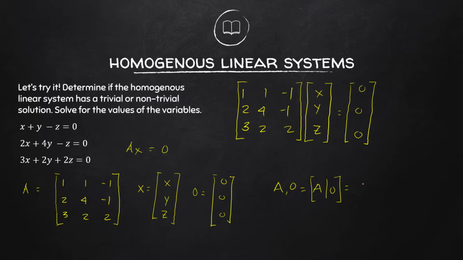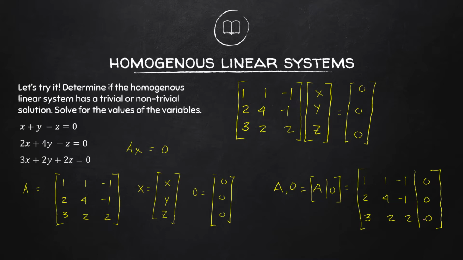And this will be equal to 1, 1, negative 1, 0, 2, 4, negative 1, 0, 3, 2, 2, and 0. So that is the augmented matrix of your system of homogeneous linear equations.